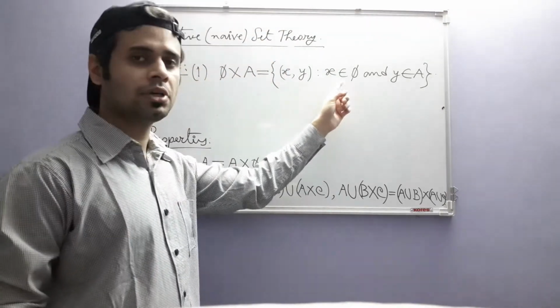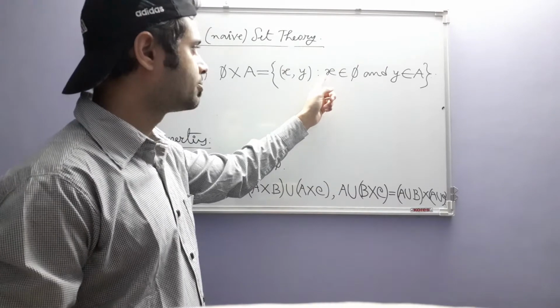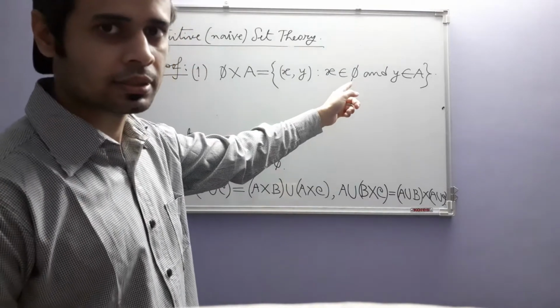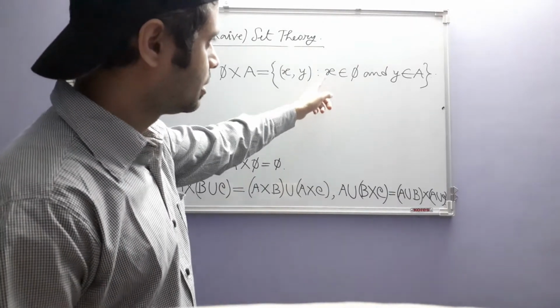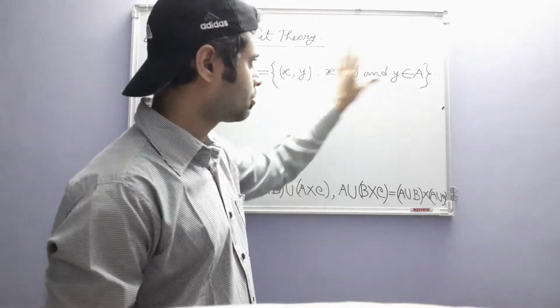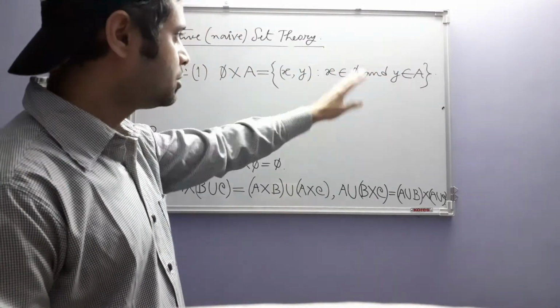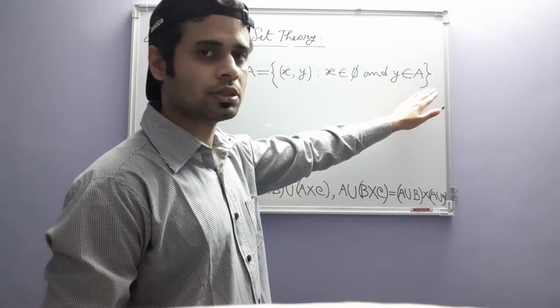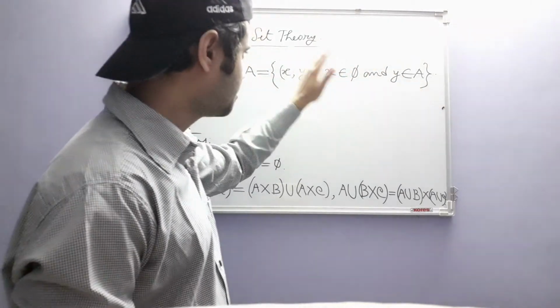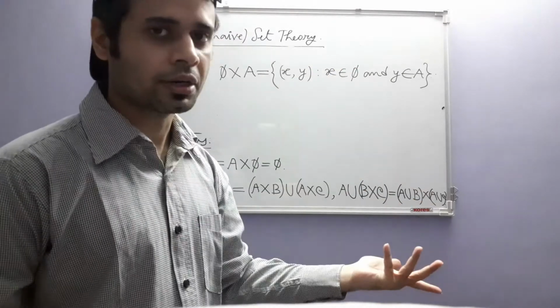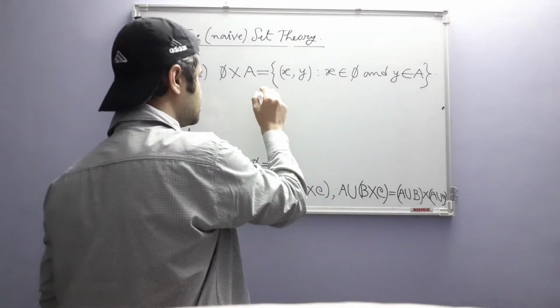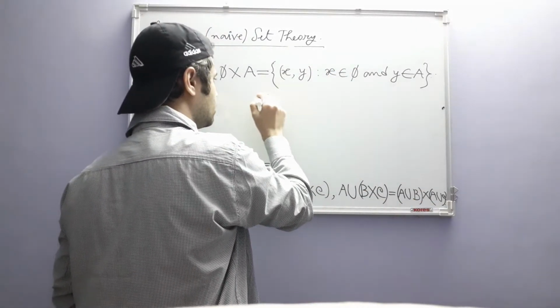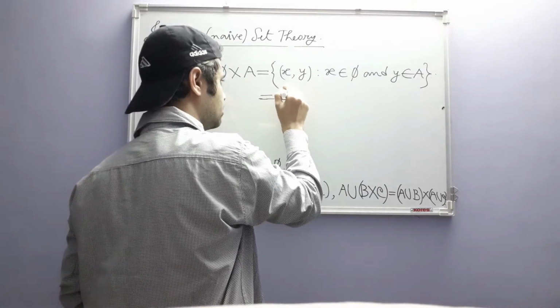This obviously is always false, for no object x can we have this. And since this is false, the conjunction is false, which means that no ordered pair satisfies this condition. That means there is no ordered pair. In other words, this is nothing but the empty set.